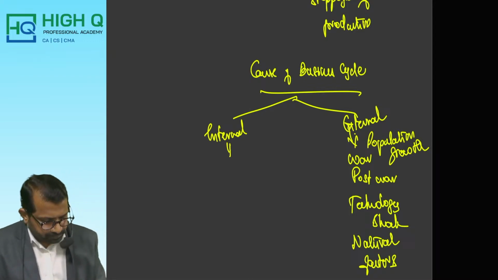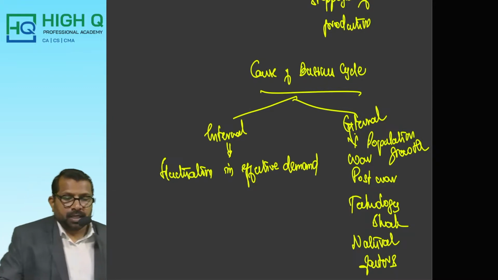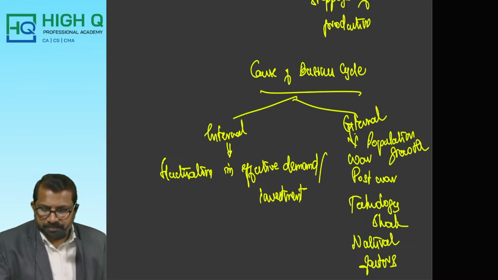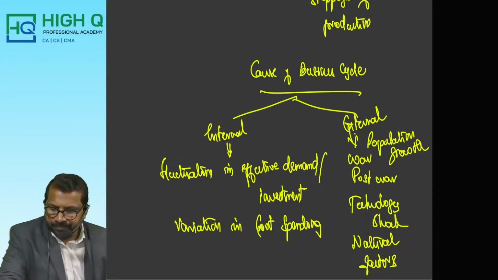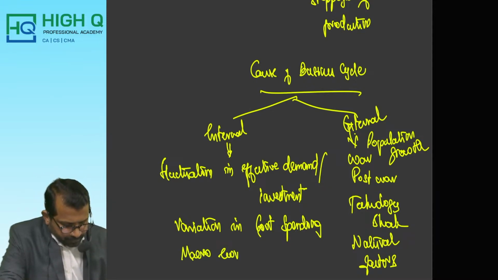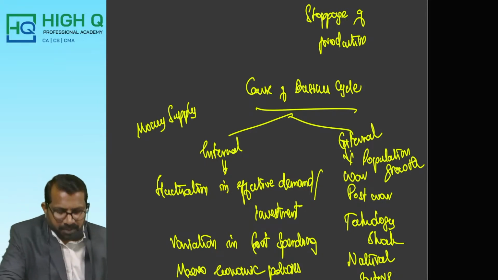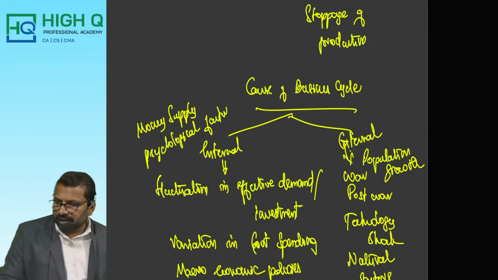Internal causes are fluctuation in effective demand as well as investment, variation in government spending, macroeconomic policies, money supply, and psychological factors.